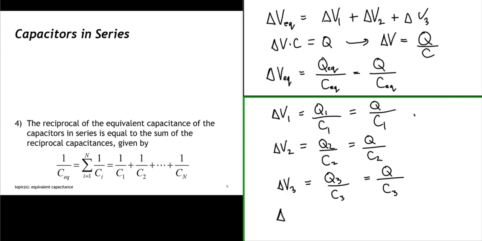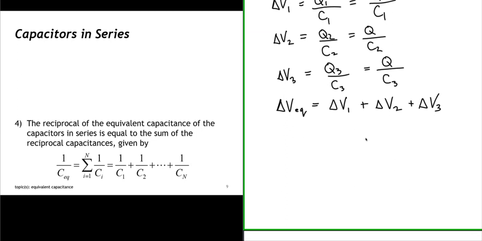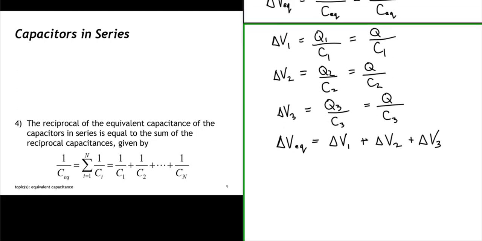So with that said, we can take the relationship that the equivalent voltage is equal to the sum of the potential differences of each of the individual capacitors, and we can express this in terms of the charges and the capacitances. For the equivalent potential difference, we have Q over the equivalent capacitance.